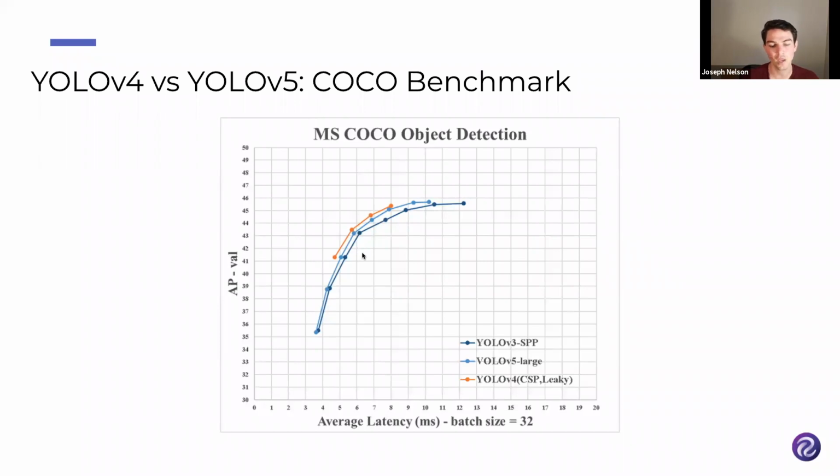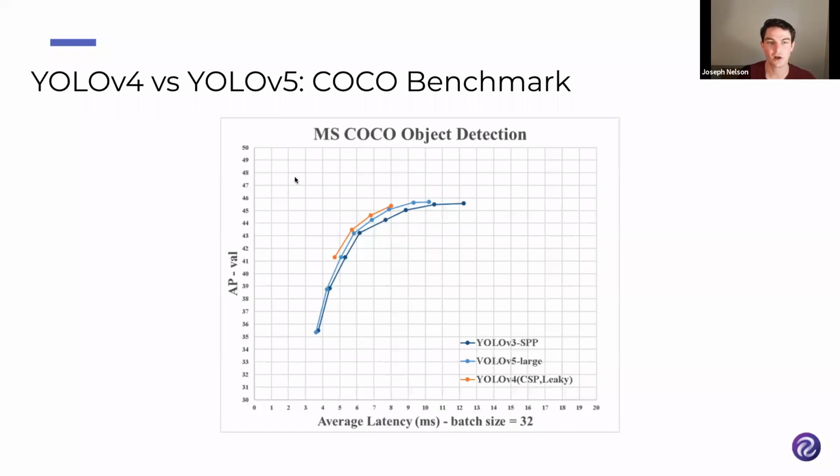We're measuring latency, so if you're further to the right, then you have an increased amount of latency, which means you're taking longer to process images. In the ideal sense, an ideal model would be in the upper left-hand quadrant, where you have extremely high validation accuracy, mean average precision, and extremely low latency.